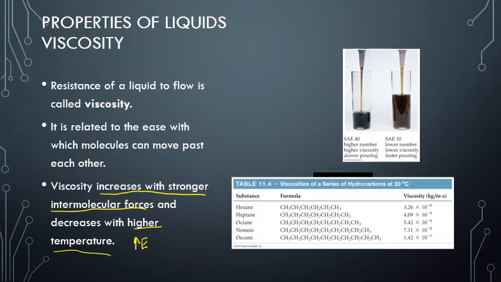You can think about syrup. If you go to Cracker Barrel or something like that, they bring out a hot thing of syrup with you if you order pancakes, and it will flow out of the bottle very easily. If you took that bottle home, stuck it in the refrigerator, and then tried to pour it out, it would come out very slowly.